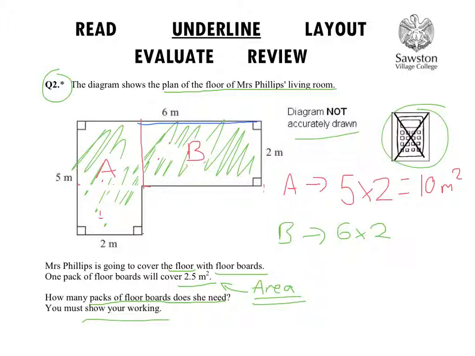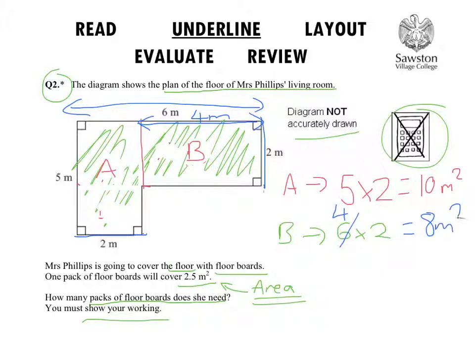To work out the horizontal distance there, I know that this one is 2, and the whole way across was 6. So that distance there is actually 4 meters. So it should be 4 times 2, which is 8 meters squared.